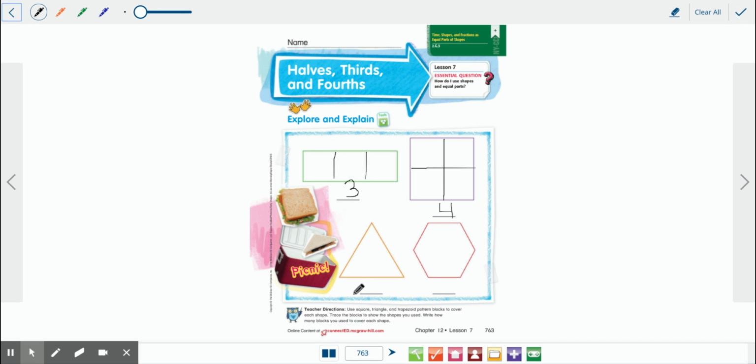Now the triangles, I want to fill in with the triangle pattern blocks. So let's say there would be one here, one here, and one here. So we would have 1, 2, 3, 4 triangles.